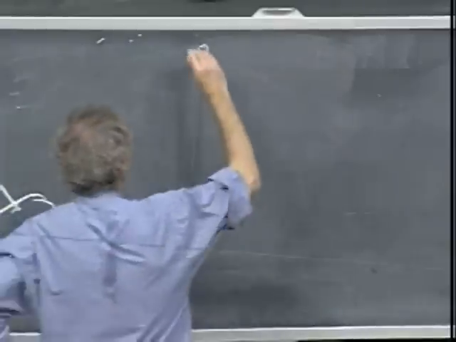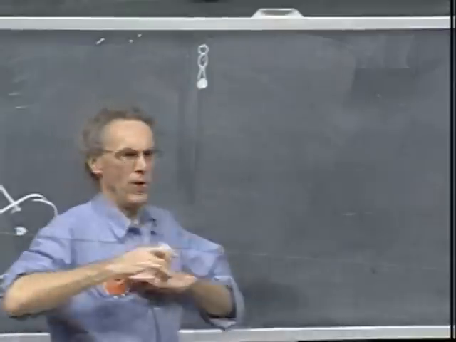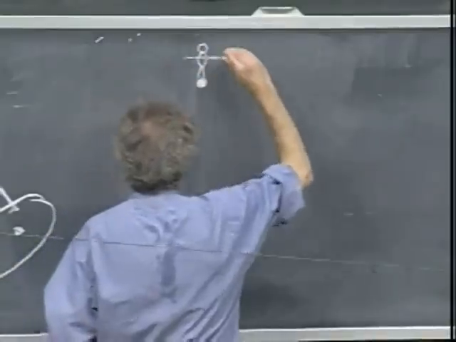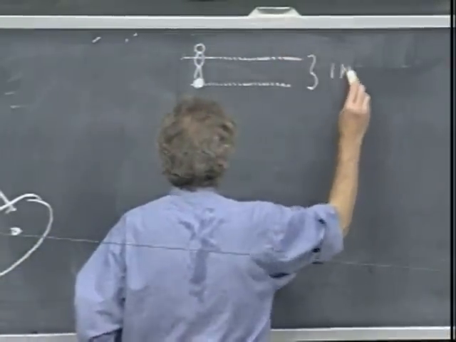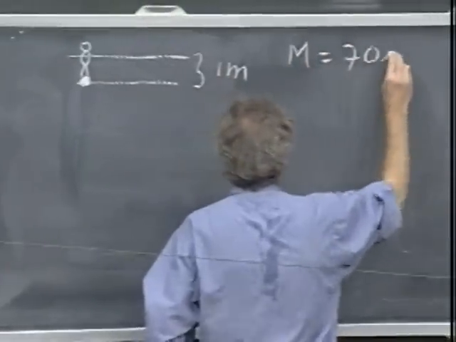Let the center of mass of the rope walker be right here, somewhere here, and the distance between the center of mass and the rope. Let that distance be 1 meter, and let the mass of the rope walker be 70 kilograms.